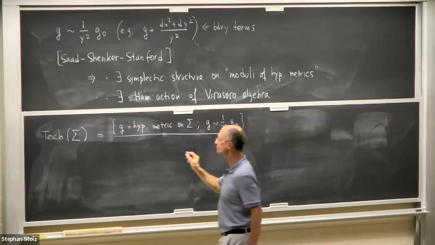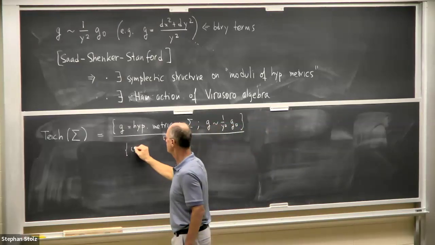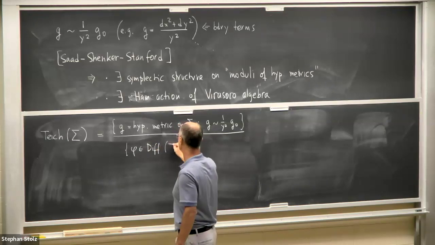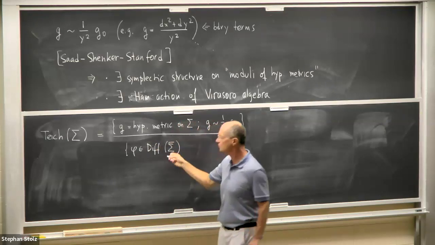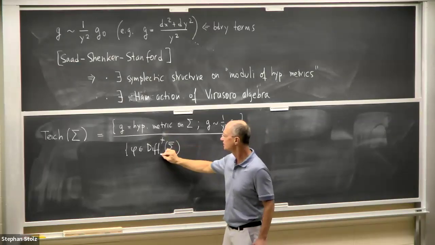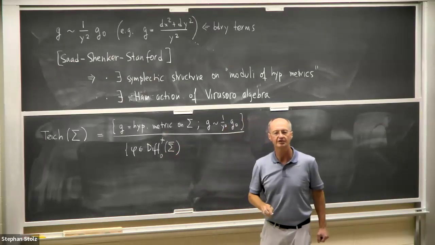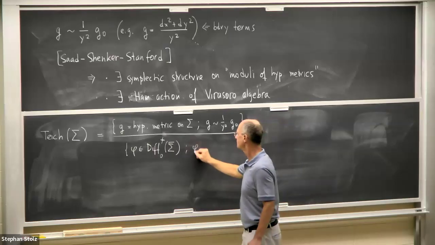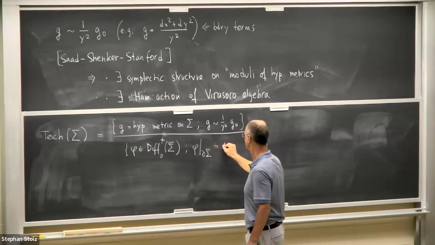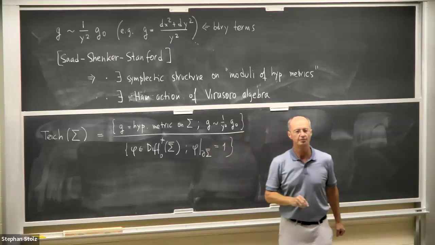And we're going to divide it by the following space of diffeomorphisms of the closed surface. We take orientation preserving and connected component of it. And we ask it to be one at the boundary.